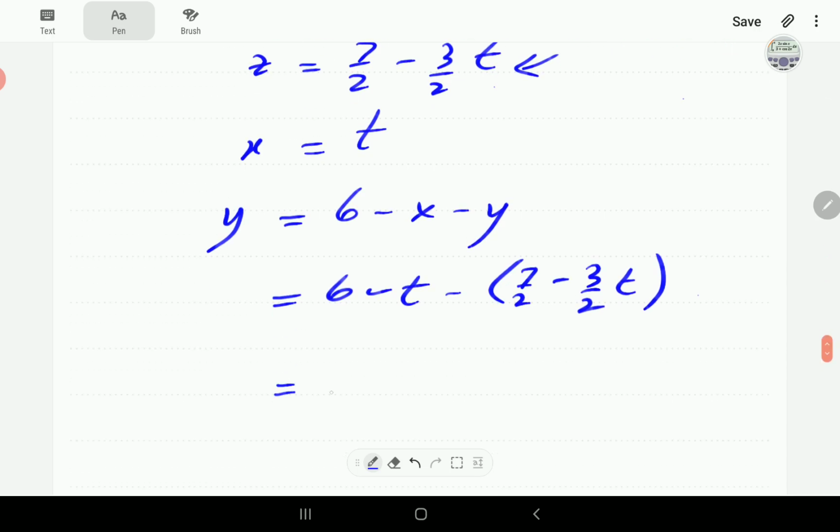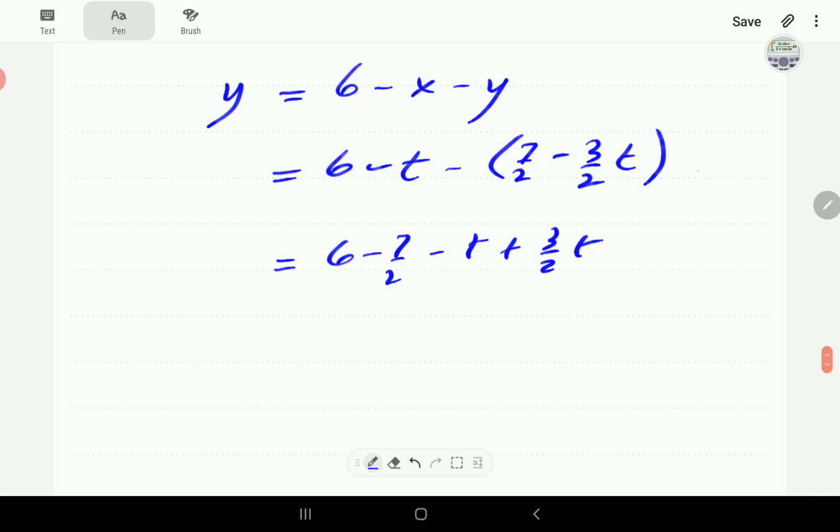Okay. So it's going to be 6 minus 7 halves minus t plus 3 halves t. 6 minus 7 halves is going to be, so 12 minus 7 is 5 on 2. This one is going to be minus t over 2. Oh, is it? It's going to be plus t over 2.